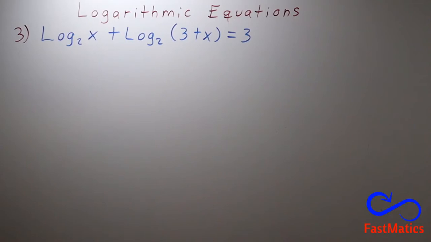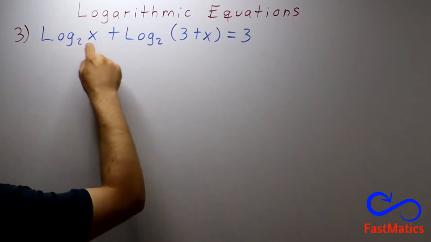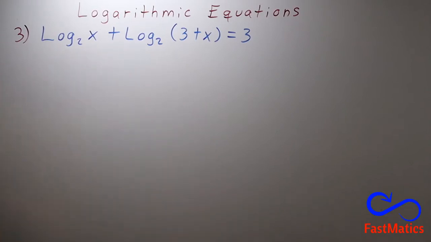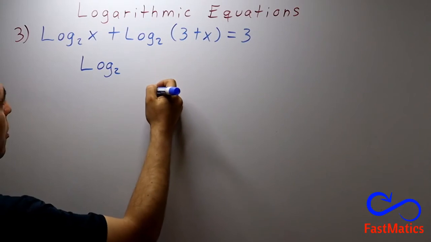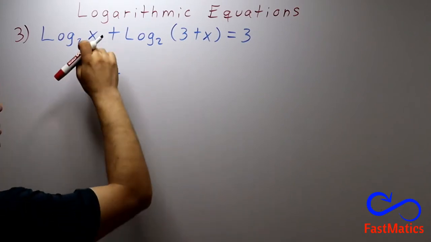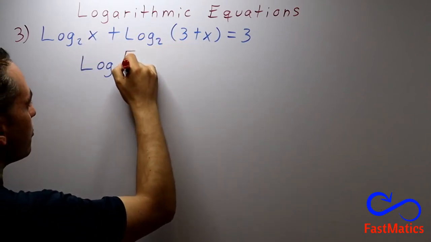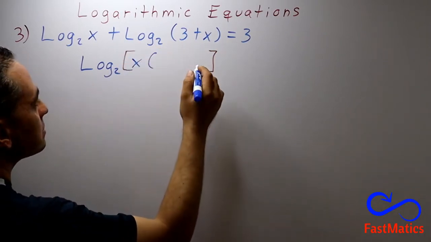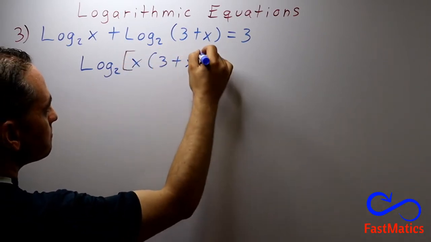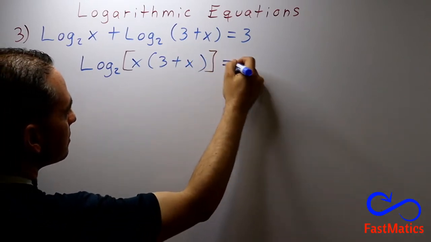If you remember our video of properties of logarithms, when you have the addition of two logarithms, you can write it as log base 2 of, and here you multiply the arguments. So x times 3 plus x, and this is equal to 3.